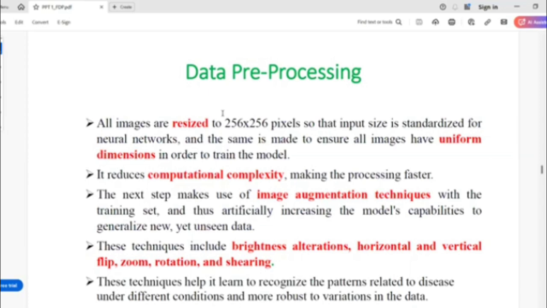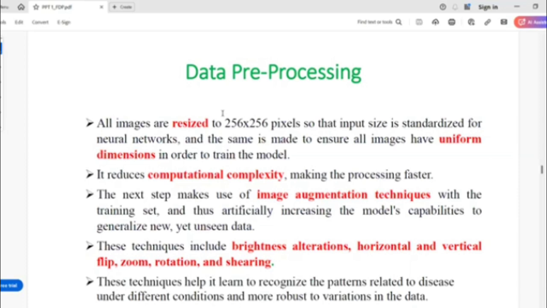From one image you can generate some 20 to 50 different versions. 3000 images times 50 becomes nearly 1,50,000 images. To generate these images, we have various approaches: brightness alterations, horizontal and vertical flips, zooms, rotations, shearing. The major focus of all these techniques is to reduce overfitting.